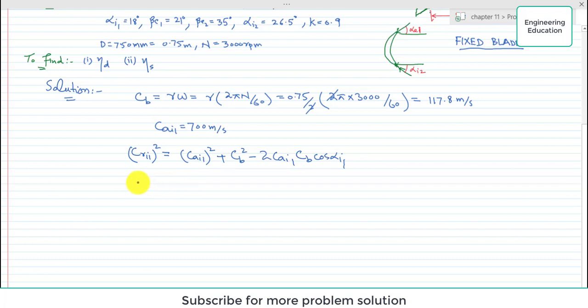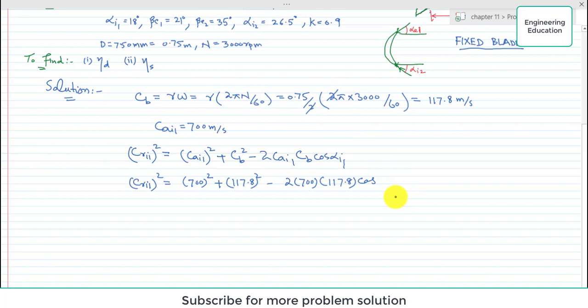CRI1 square is equal to 700 square plus CB 117.8 square minus 2 into 700 into 117.8 cos alpha I1, where alpha I1 is 18 degree.